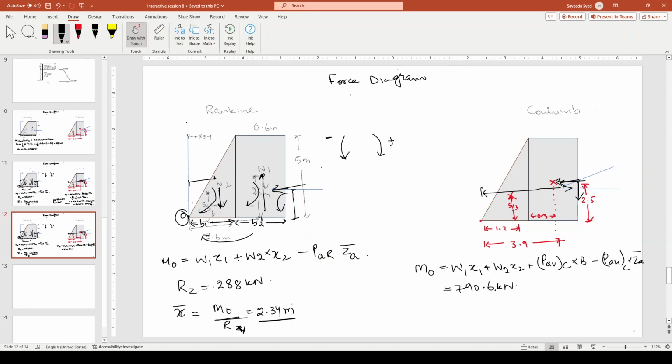The base resistance is equivalent to the vertical load, as we used to do with friction, N tan phi.